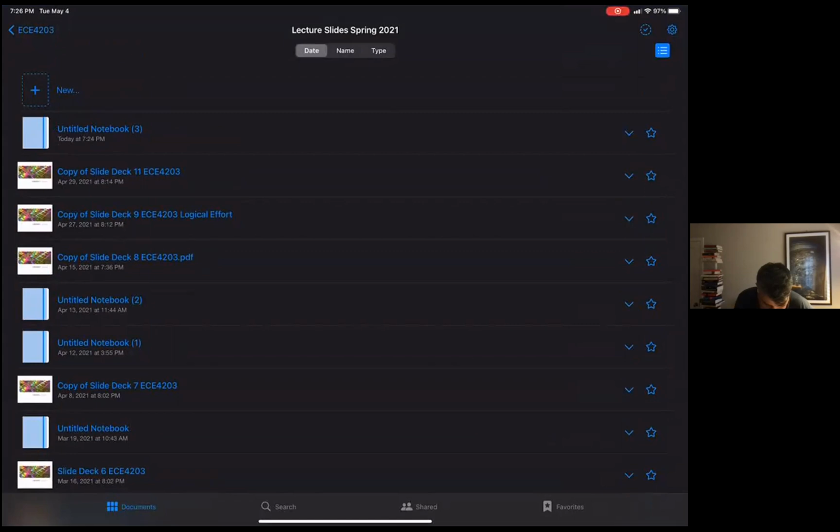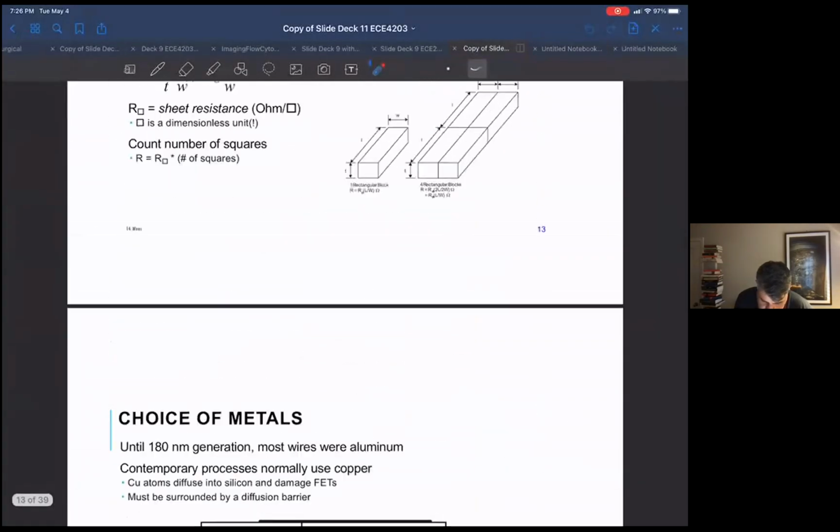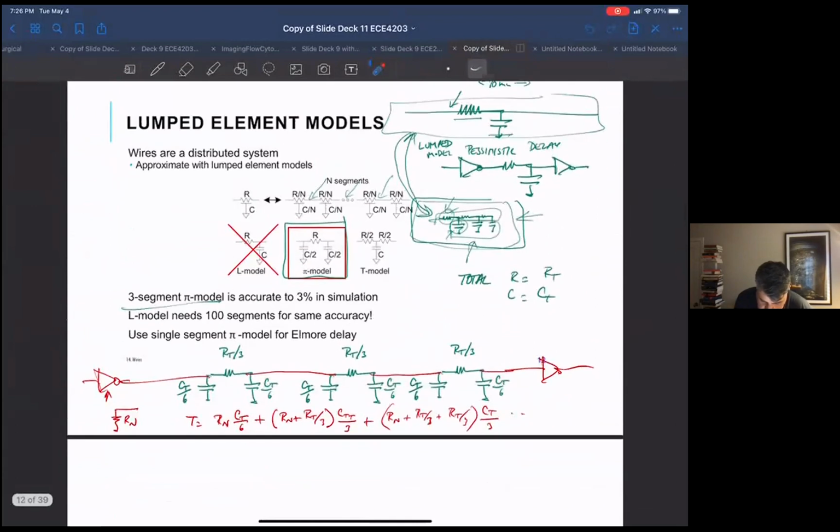So let's get back to where we were, which is our interconnect. The main thing I want you to think about in terms of the interconnect is this: when I was first learning about VLSI, I was very focused on the transistors, and I had this view that everything was all about transistors.